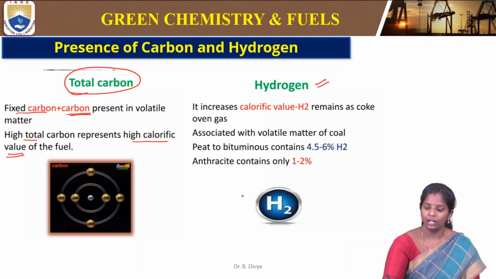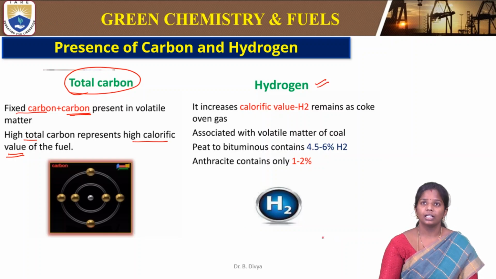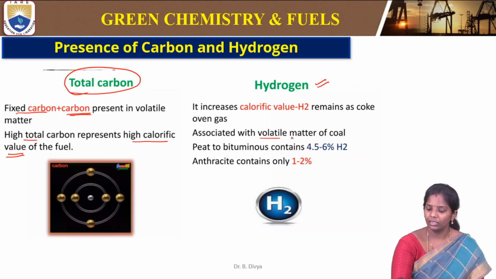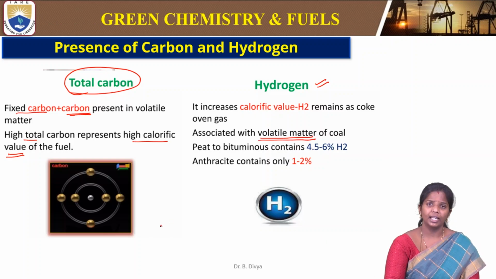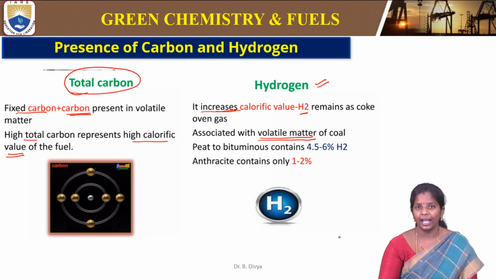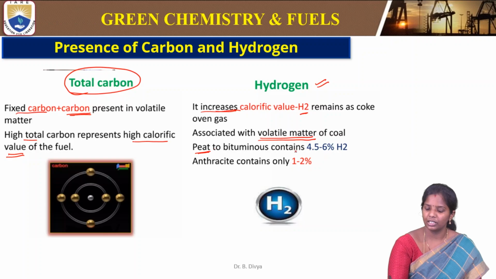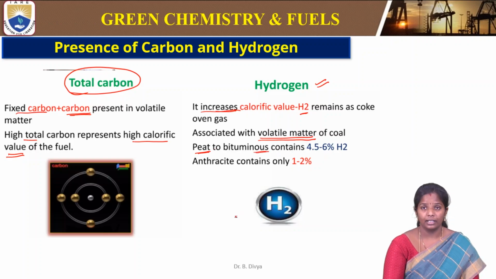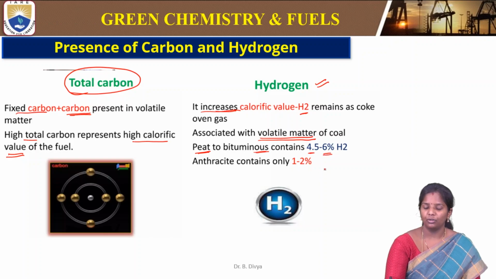Next is hydrogen. How is hydrogen present? It is present in association with volatile matter. Any organic compound will contain carbon and hydrogen. This increases calorific value, and hydrogen remains as coke oven gas. From peat to bituminous coal, it contains about 4.5 to 6% of hydrogen.